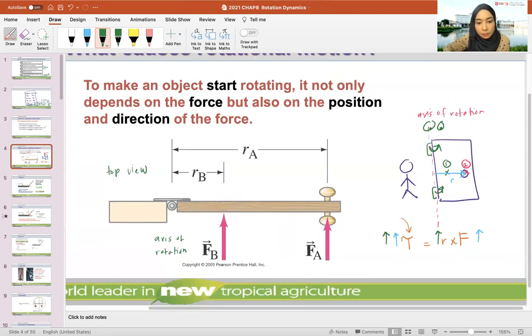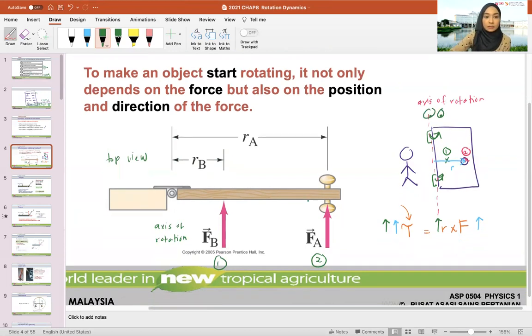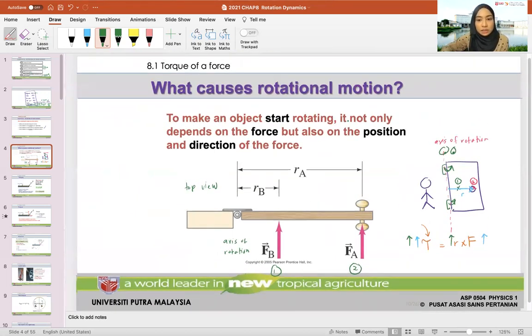Okay, and Hazira applies the force at point B and the force at point A, but we called these number 2 and number 1 previously. So for the force at point A, it has a greater R. For the force at point B, it has a smaller R. Okay, so to make an object start rotating, it not only depends on the force, but also the position and direction of the force. So this is what they mean, what causes the rotational motion.